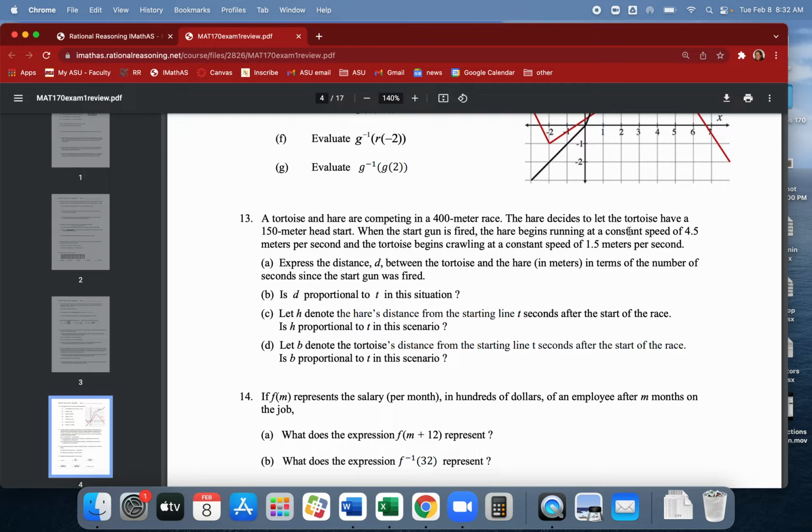So just make sure if it says, are these proportional, that means that dividing different values of them as the problem progresses, whatever it is, over time or as something is draining, whatever it might be, dividing always gives you the same result.